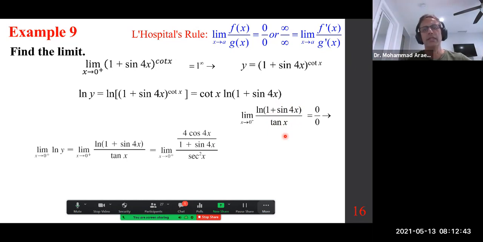Now, if you replace the x with 0, cosine of 0 is 1, which makes it 4, and sine 0 is 0, so this makes it 1. So 4 over 1. And secant is 1 over cosine, so this is 1 over 1 squared, which is 1. This is 4, and therefore our answer is e to the power of 4.